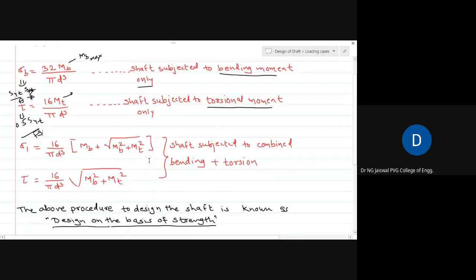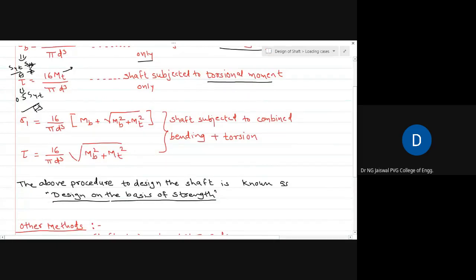Then we saw two more equations when the shaft is subjected to combined bending and torsion. It means there is some maximum bending moment which you know, and some torque which you also know. If there are variable quantities, we have to put the maximum torsion.